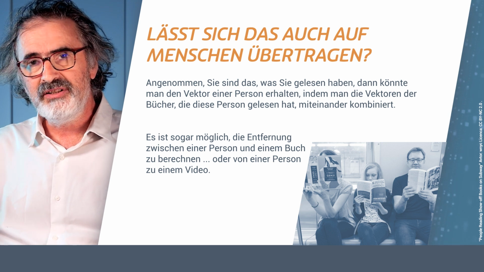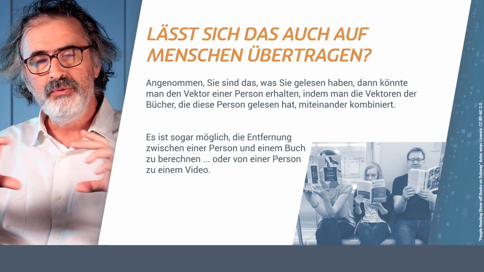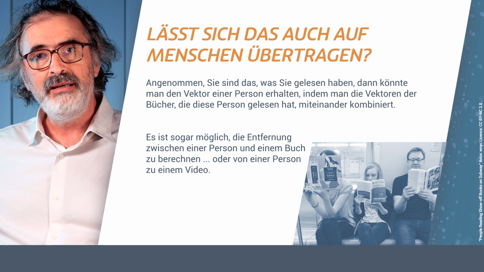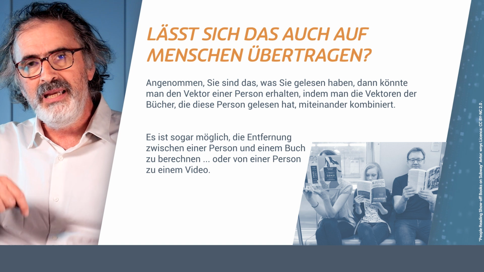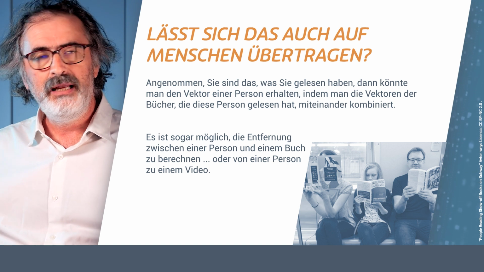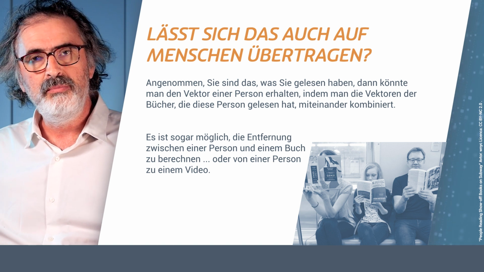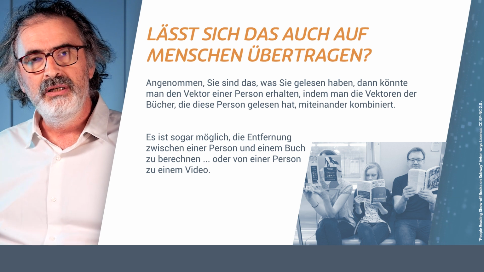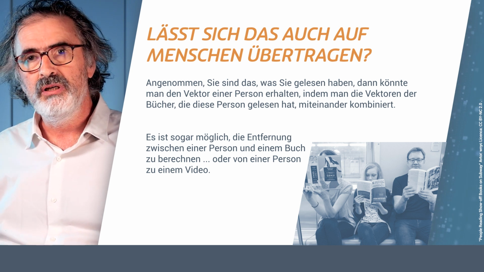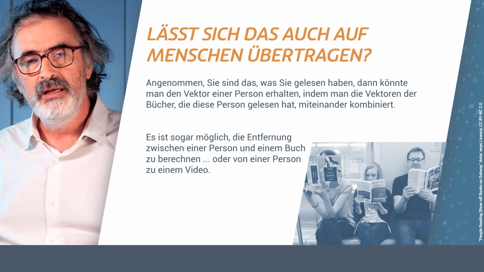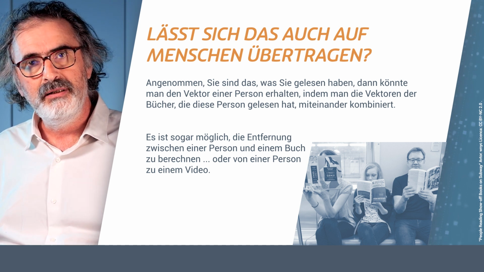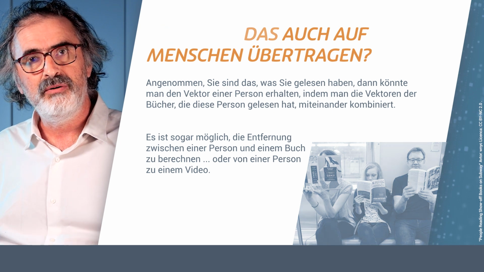And I can do the same reasoning as before to be able to have, again, a vector representing me as in me being the text that I have read. And I can now compute the distance between me and various books. And this may be used to recommend which is the next book that I should read. The same can be done between a person and a video, of course.